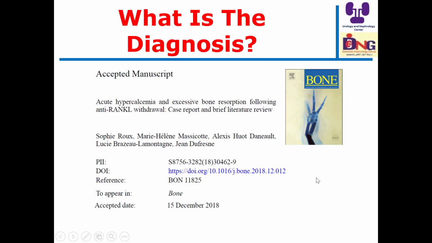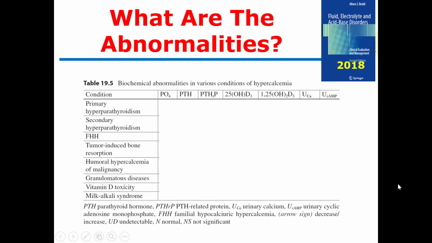Here I want to focus on the message from this case: the rebound hypercalcemia and bone resorption after withdrawal of denosumab. This is why we should be cautious with withdrawal of denosumab, and we may think of gradual withdrawal, and even if the hypercalcemia occurred, we may think of bisphosphonate.